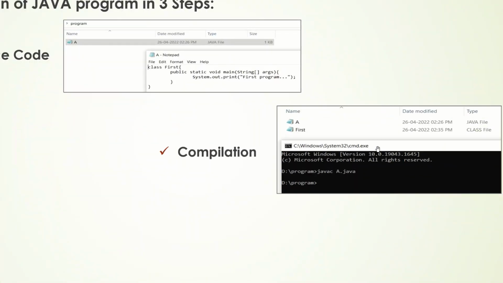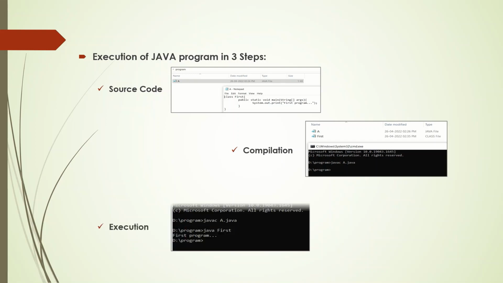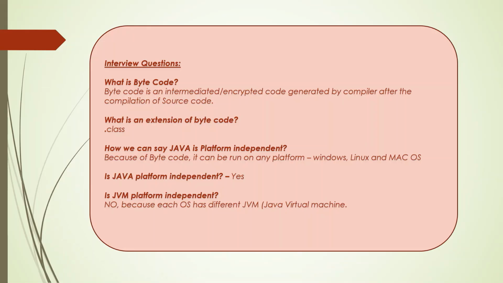If the code is error free, it will convert the source code into bytecode. Here you can see there is another file with the name first and its extension is .class. This is the bytecode, and this bytecode file is in encrypted form. Then the third step is execution. Once we get the bytecode, the JVM, by using the command java, will execute the bytecode.